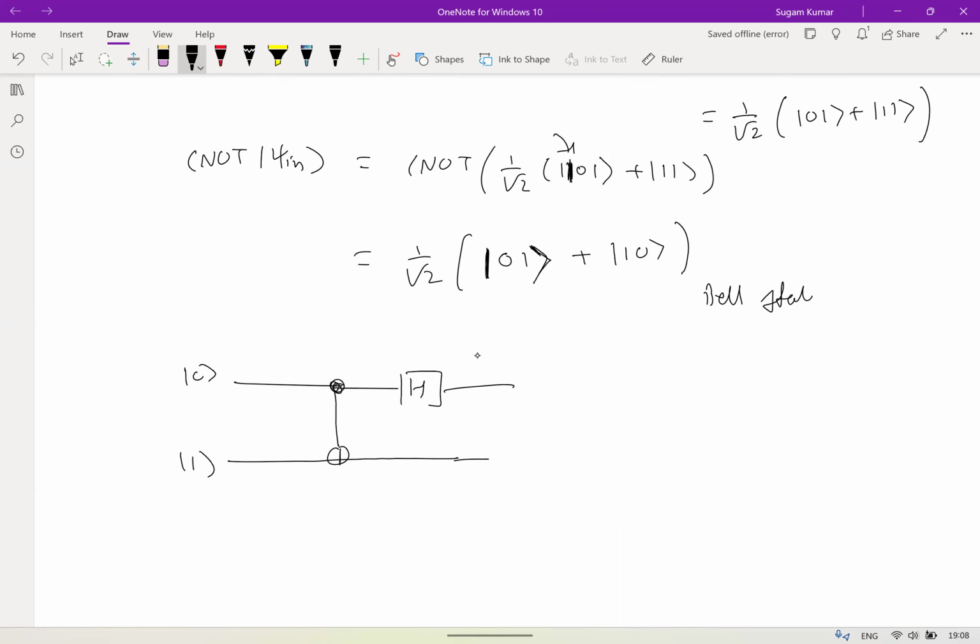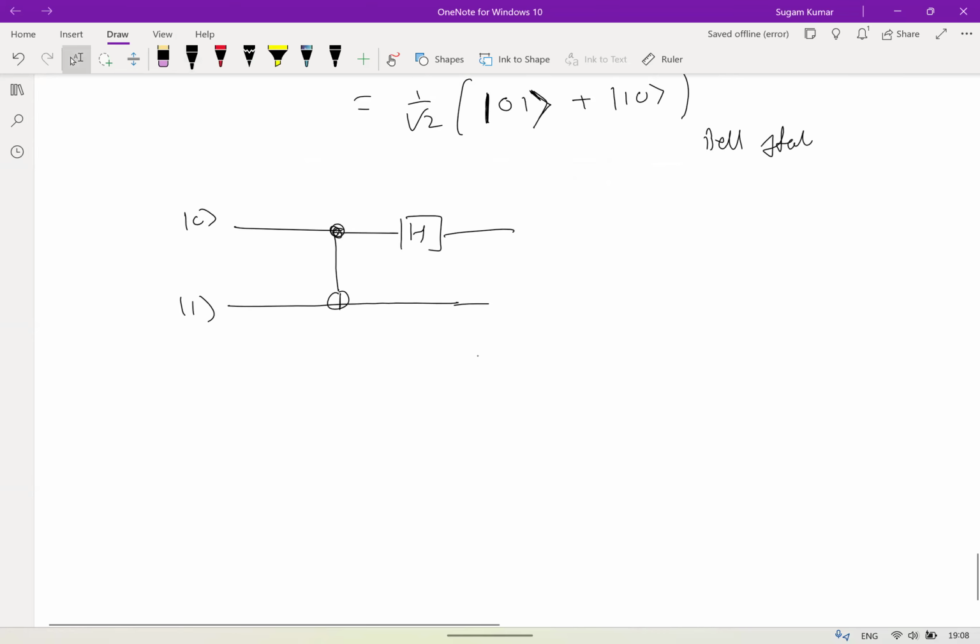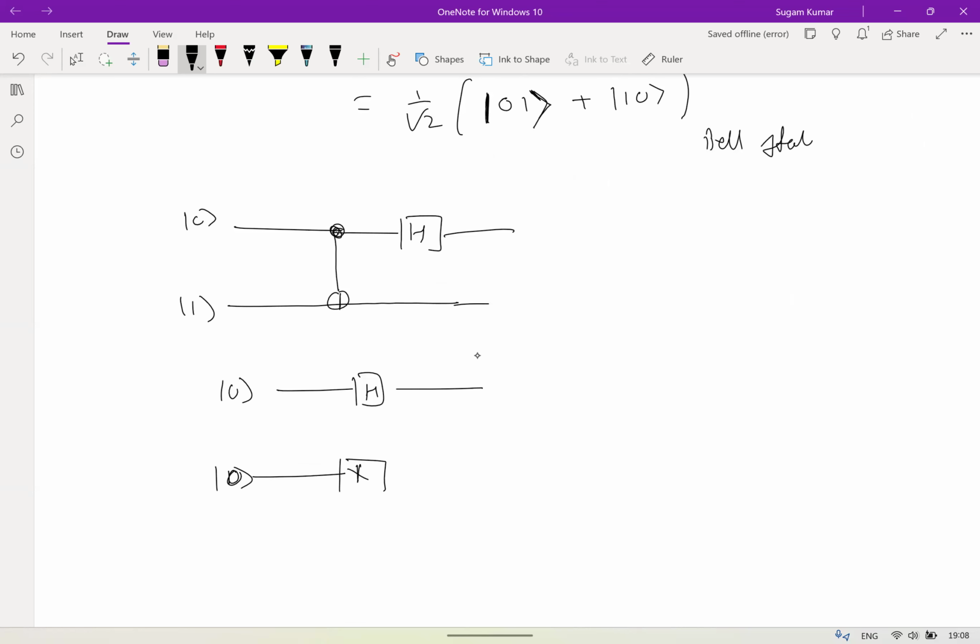These kinds of combinations you must now try to do yourself. There can be many possibilities, like you have a 0 and then I apply H, then again 1, or maybe 0, and then apply, let us say, X, any gate, and then apply this gate.